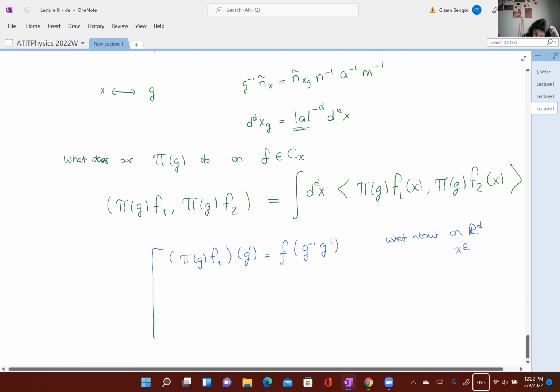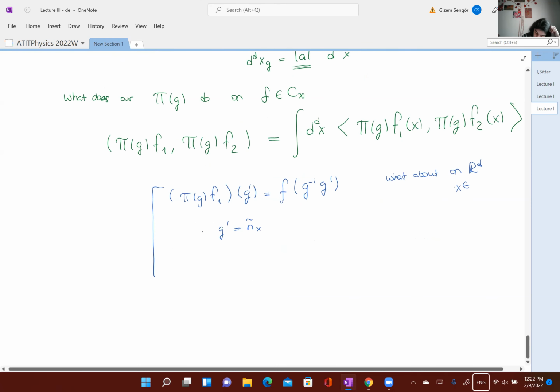For this, we can look specifically at an element of translations, because we know that's where these functions over group elements match with functions over the real line. So just look at this specific case.